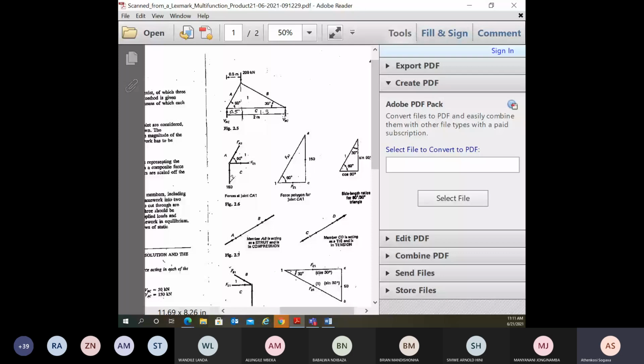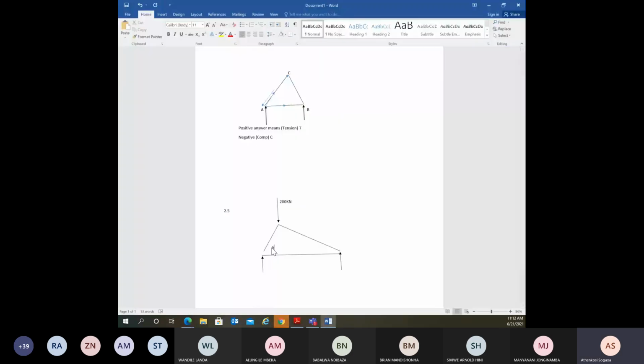You have a 60 degree angle, and you have a 30 degree angle on this side. So you have 60 degrees, 30 degrees here, and the total from here to here is 2 meters.